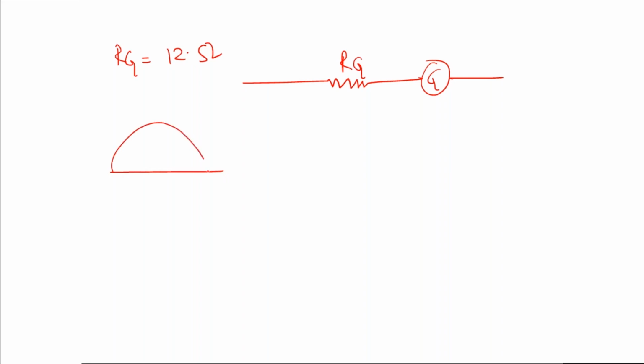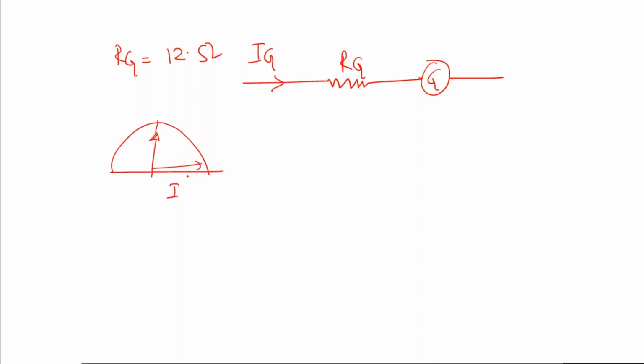One more thing is given. It is given that when the galvanometer shows full scale deflection, the current flowing through the galvanometer is the maximum allowable current. If you increase the current, the galvanometer may get damaged, so that is the maximum allowable current you can use.